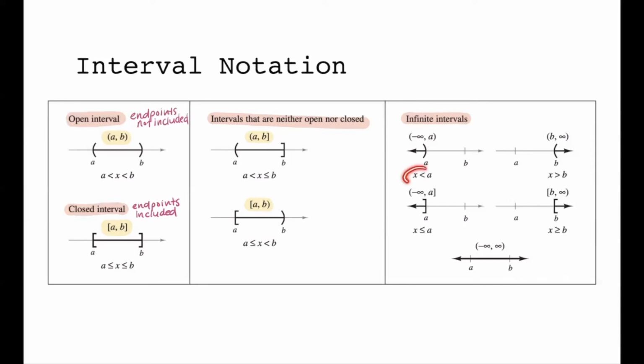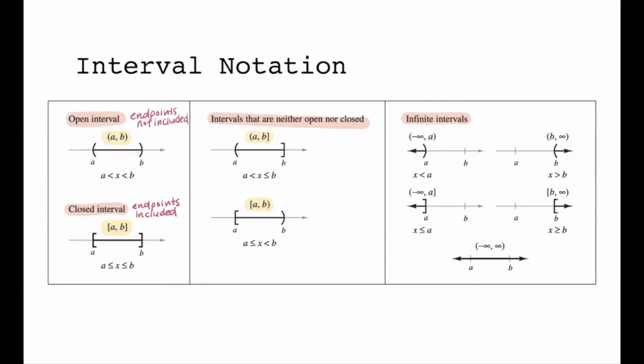So if you want to talk about numbers x that are less than a certain number a, then the way that we would draw that would just be, okay, a and all the numbers less than that are to the left. But if we don't want to include a, we put a parenthesis, or maybe we put an open circle there. In interval notation, which is what we want to be comfortable with in this class, we need to bring in this symbol of infinity in order to describe this behavior.